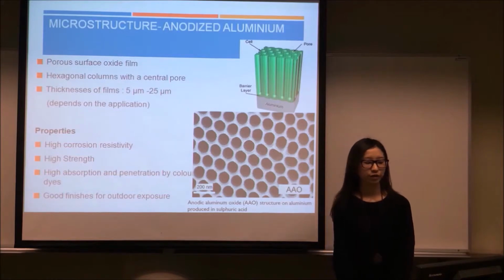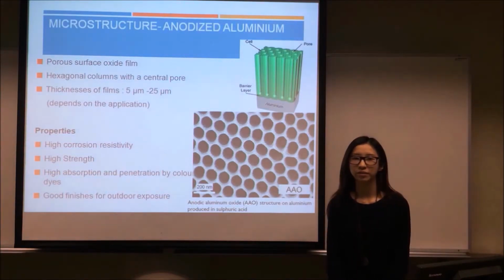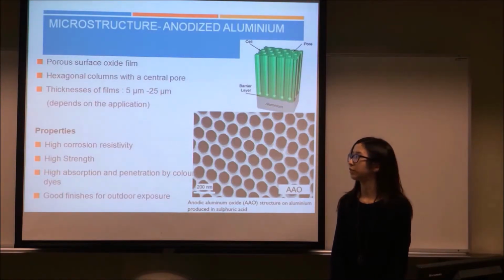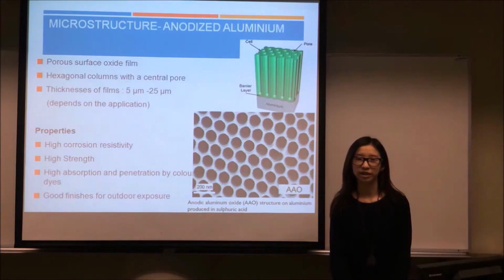Let's turn to the microstructure of anodized aluminium. Anodizing of aluminium can generate a porous surface oxide film. Typically in the building industry, the thickness of films is 5 micrometers to 25 micrometers, depending on different applications. The thickness of films is controlled by anodizing conditions.